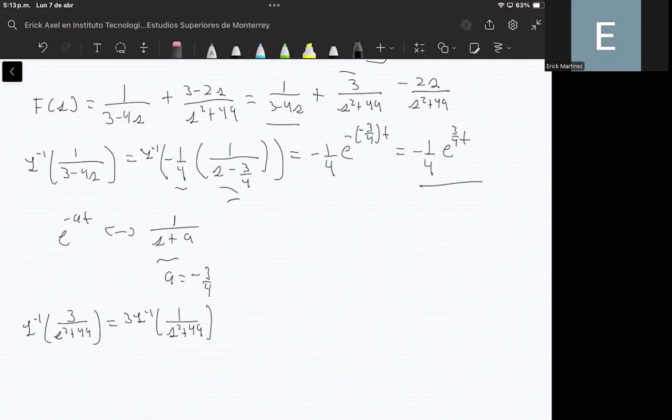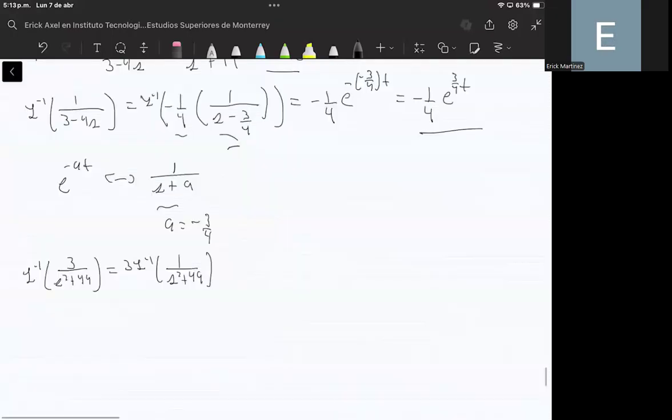Now we need to again look at the tables. So if we go to the tables, you will notice that we have the following relationship. This looks very similar to the Laplace transform of a sine wave. So the sine of omega times t, the Laplace transform of this is omega divided by s squared plus omega squared.